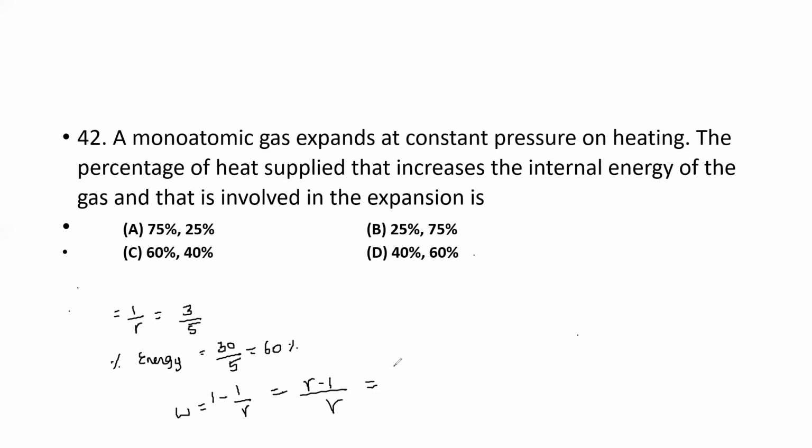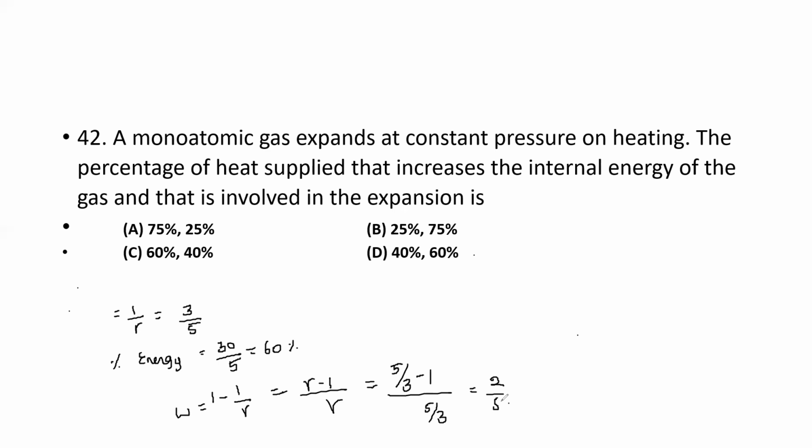The gamma value is 5 by 3, so 5 by 3 minus 1 divided by 5 by 3. In the numerator, we get 2 by 3 divided by 5 by 3. The 3 gets cancelled, so we get 2 divided by 5, which is the work done.